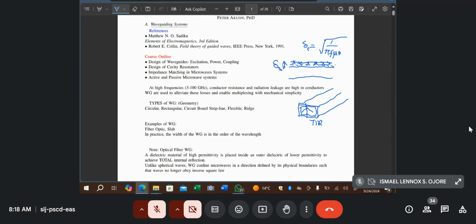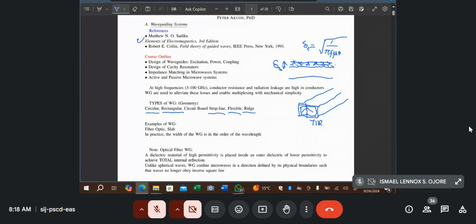And if it's spherical, you use a spherical. So here we would just be revising. You will be able to see on that reference some analysis on circular waveguides, but for our case, we will be working with the rectangular waveguide. You also have strip lines and flexible waveguides or a ridge waveguide.